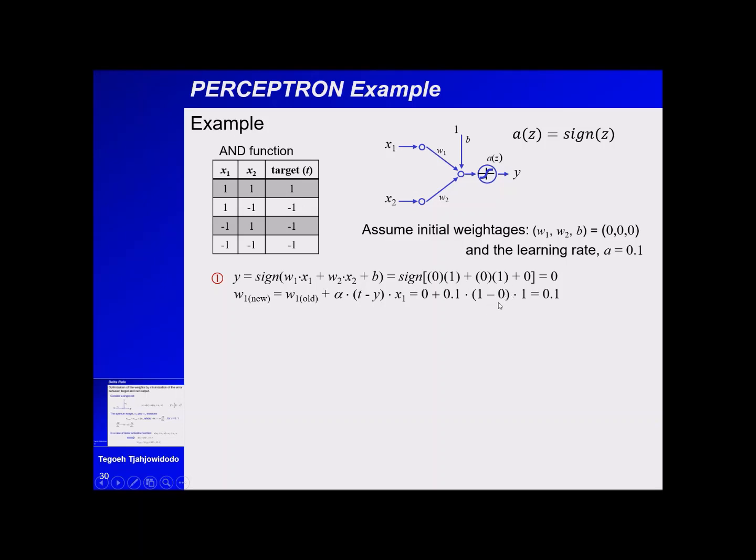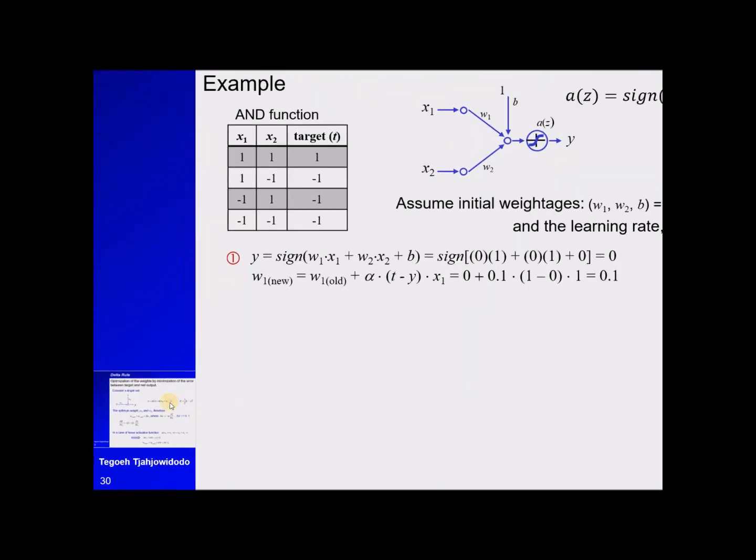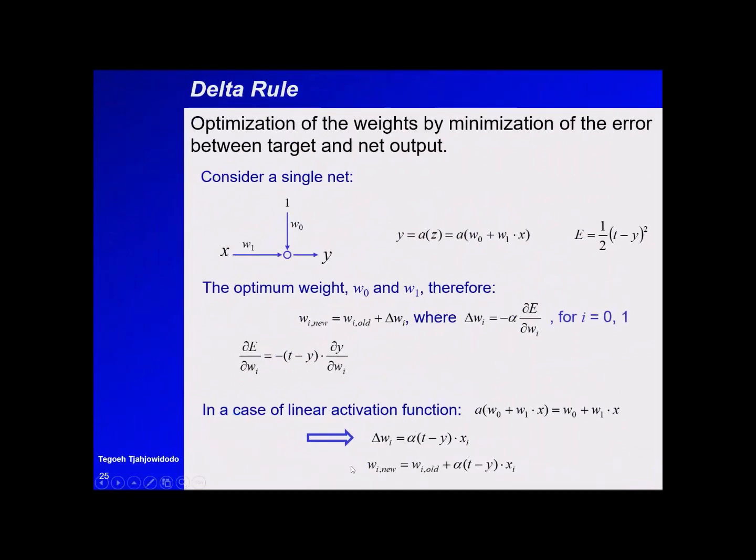The output is calculated considering the signum activation function, but the updating of the W is not considering the activation function. If I want to be consistent, then I cannot use this approach to update the weights, but instead I have to use the approach that also considers the activation function here, right?